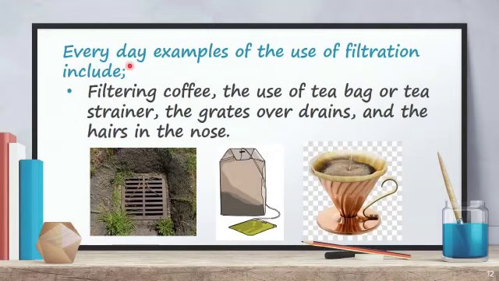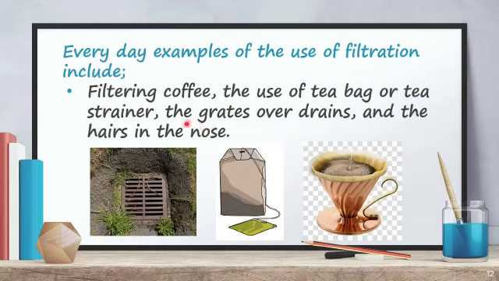If we take examples from our daily life, like filtering tea by using a tea bag, it already has a casing around it with a very small pore size, which doesn't allow the tea leaves to come outside, but only allows the liquid to pass through and get the taste of the tea leaves.